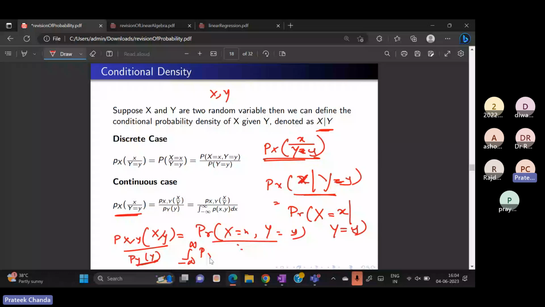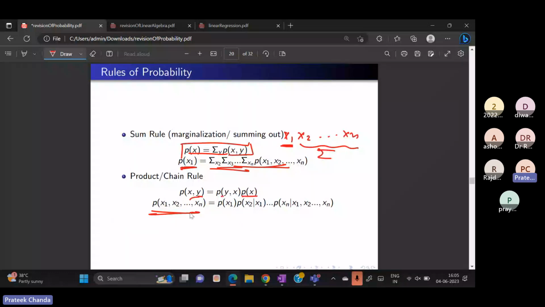I want this probability only, so I can just marginalize over the entire thing. The product chain rule comes from the Bayes rule itself. And now the general question is, for n variables, how can we find this?